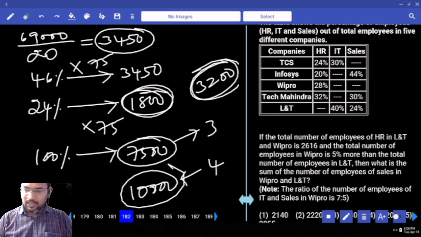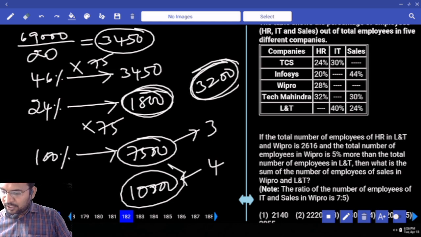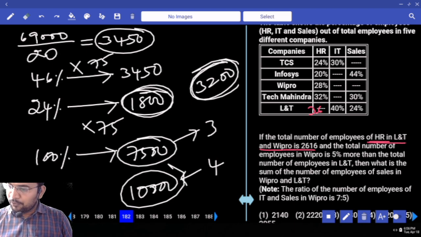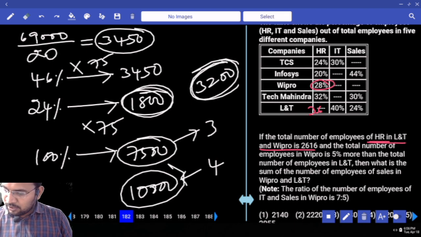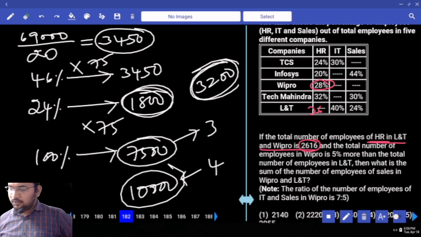So next question is what? If the total number of employees of HR in L&T is 64, that is 36, and HR in L&T and Wipro together is 2616.